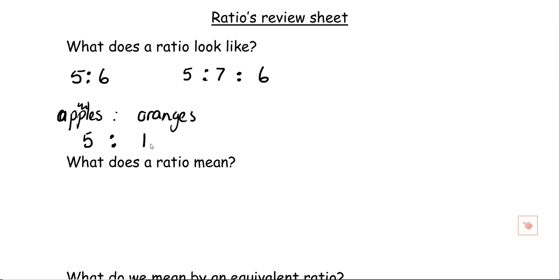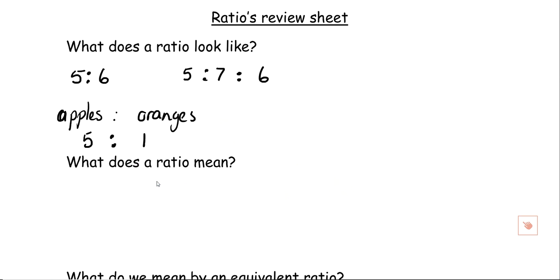No. But yes, actually, because if you're talking about the amount of oranges and apples, the apples are 5 and the oranges are 1. So you can't switch them around because that's what they are. Apples goes with the 5 and oranges goes with the 1. If the 5 is first, you say what is the ratio of apples to oranges because the 5 is the amount of the apples. Exactly. Yeah.